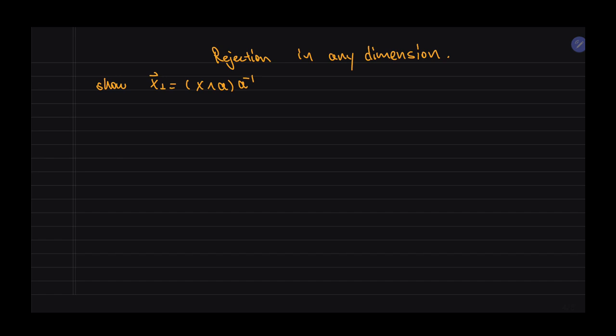Now we want to show that x perpendicular can indeed be written in this form: the starting parenthesis vector x wedge vector a, close parenthesis, geometric product vector a inverse.